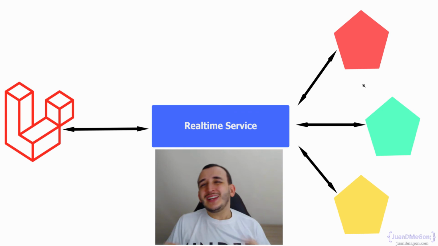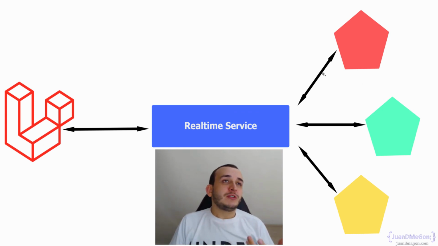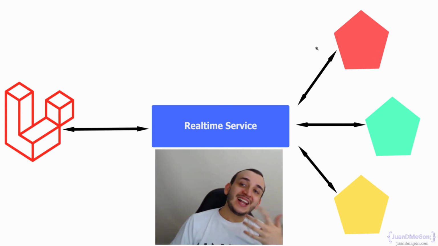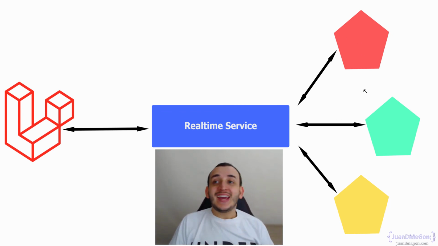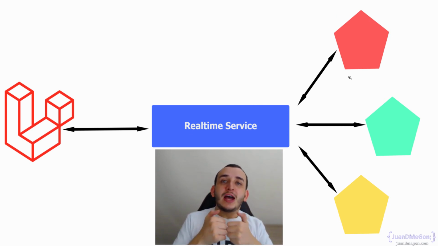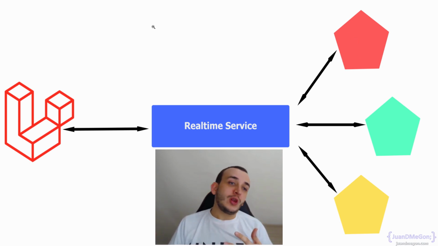And there is an additional, optional flow. Sometimes the client can tell Laravel what to send. This is the typical approach, for example, for a chat. On the client side, in the browser, for example, the user types the messages that he wants to send, and then those messages are sent to Laravel.